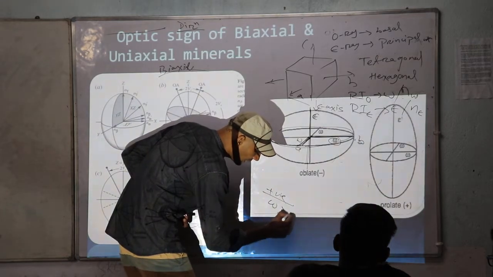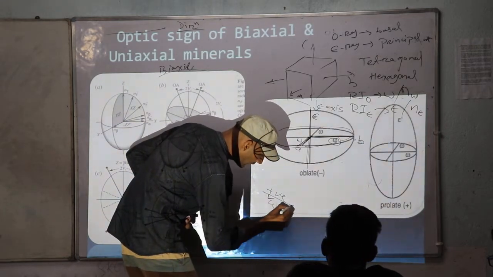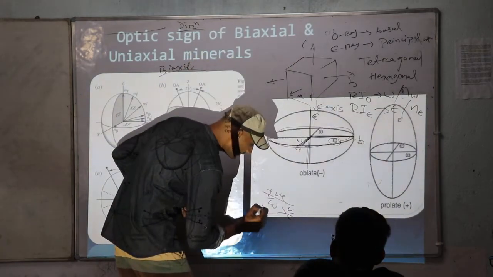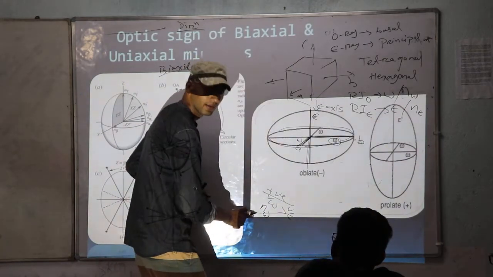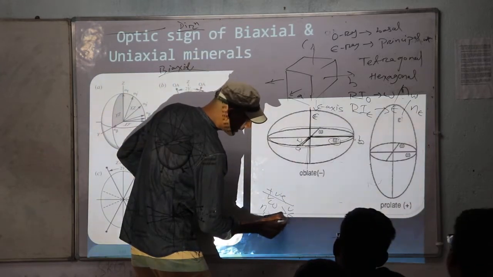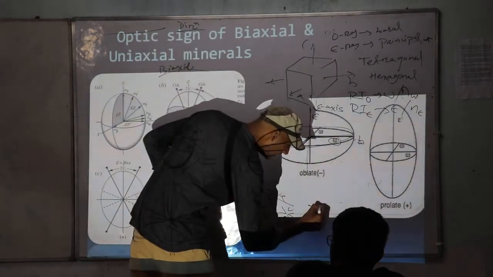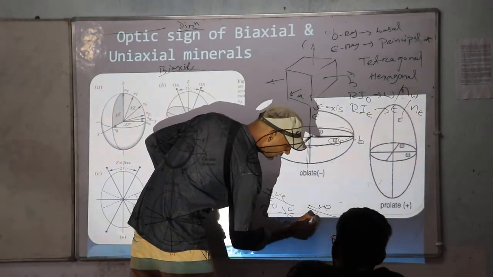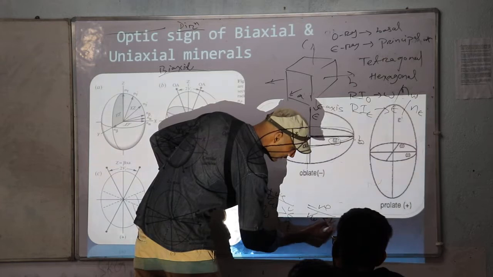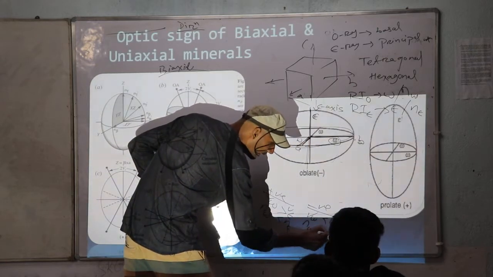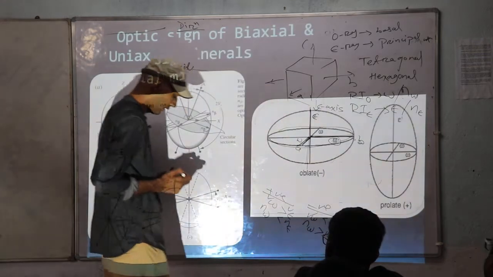Velocity of O rays should be greater than velocity of E rays. That means n omega, or refractive index, should be lesser than n epsilon. For negative minerals, the condition is velocity of O ray is lesser than velocity of E ray. That means refractive index of O ray should be greater than refractive index of E ray.